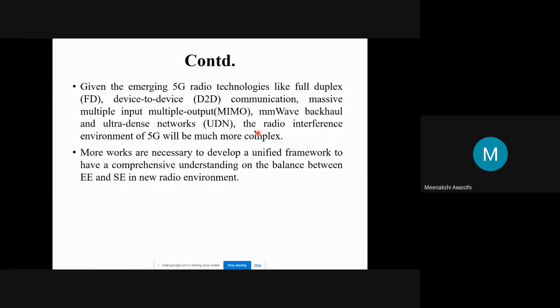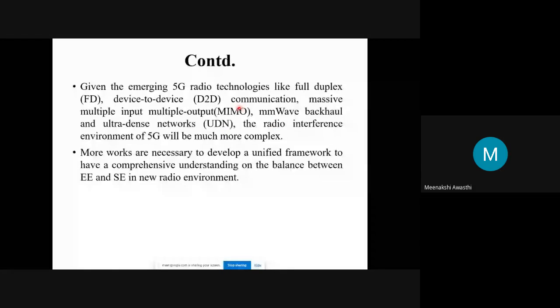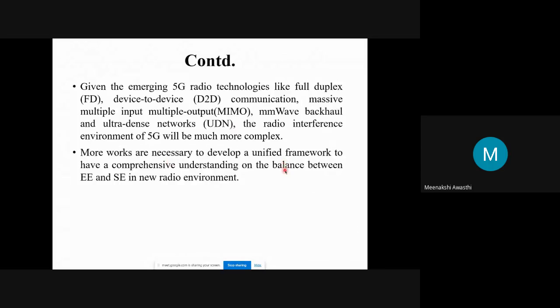All these technologies make our system very complex. So more work is necessary to develop a unified framework to have a comprehensive understanding of the balance between energy efficiency and spectral efficiency in the new radio environment.